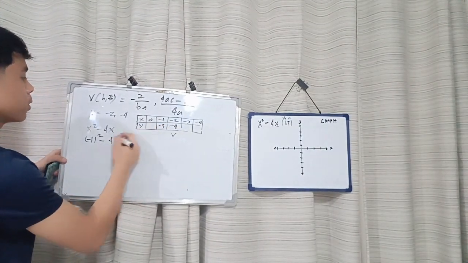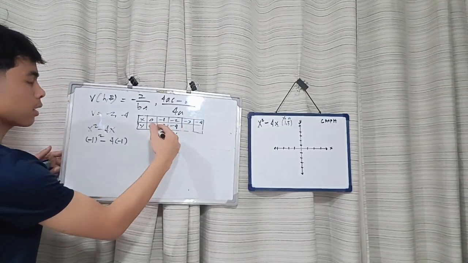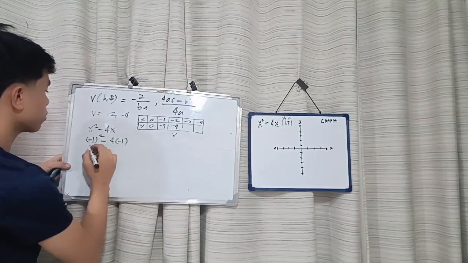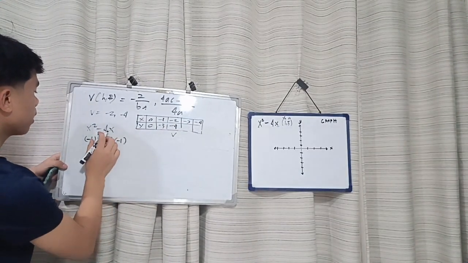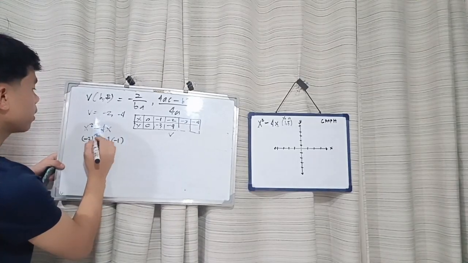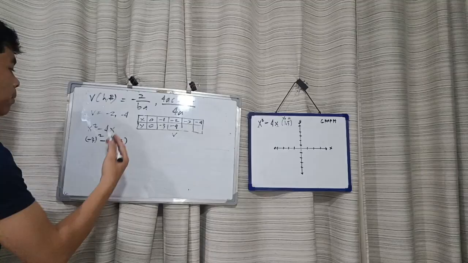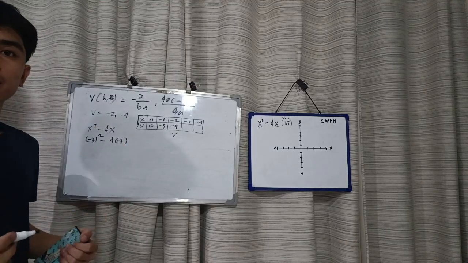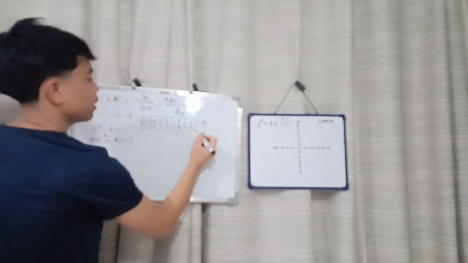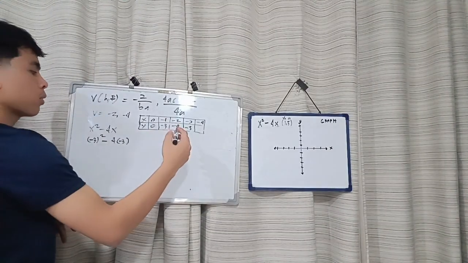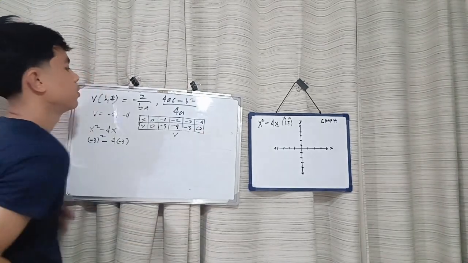Since it's 0, the whole answer will be 0. Same thing when you replace the negative 1 with negative 3: negative 3 squared is 9, and if you multiply, the answer will be negative 3. And also, if you replace that, the answer will be 0.